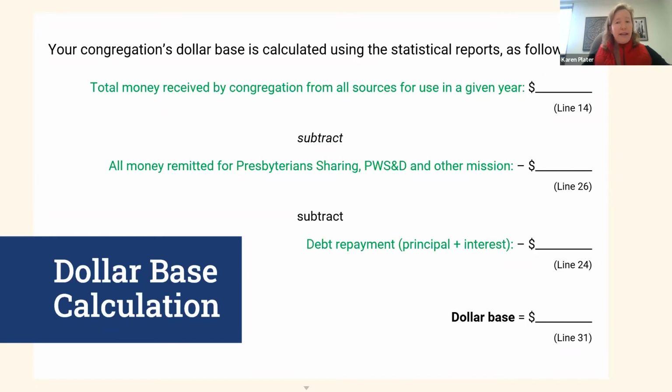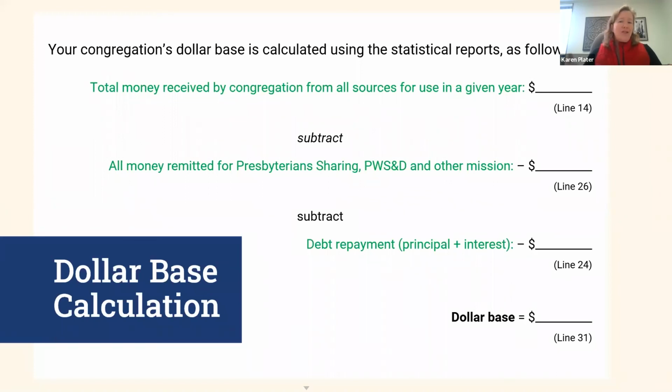Now, other mission is really the money that you've given to other charitable organizations. The fact is, everything that your congregation does is mission and ministry. So right here, we're talking about the mission and ministry that you've given to others to do on your behalf, plus refugee sponsorship. So that's the distinction there for line 26. You get to deduct that, and that's because you've given it away.